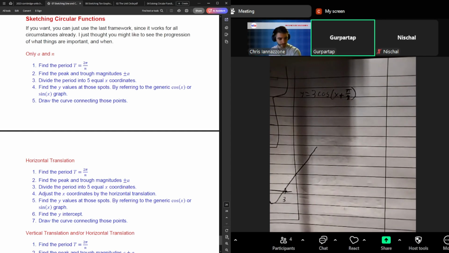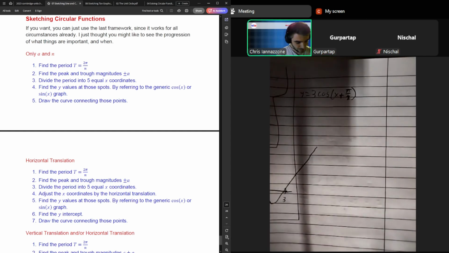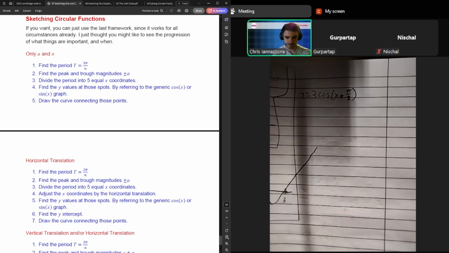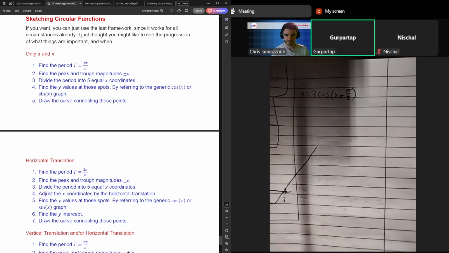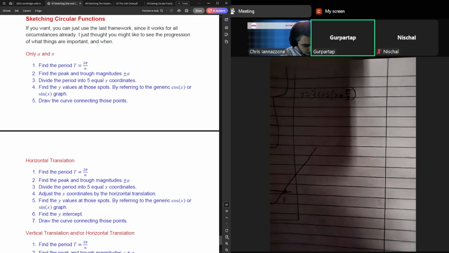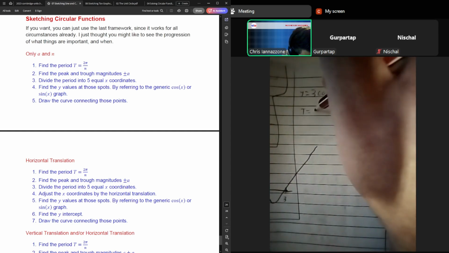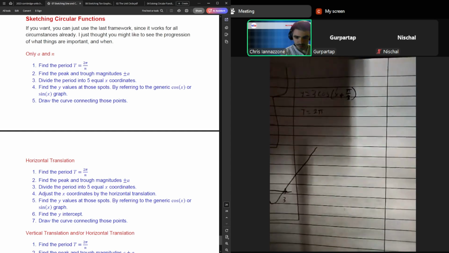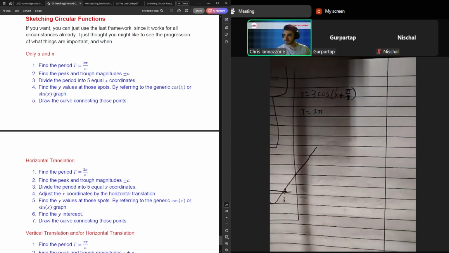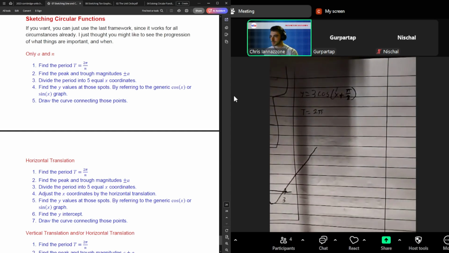Period again. What's the period for this one? It's just 2 pi, since n is 1. So period equals 2 pi divided by 1, which of course is just 2 pi. Nice. All right, where do we go from there?